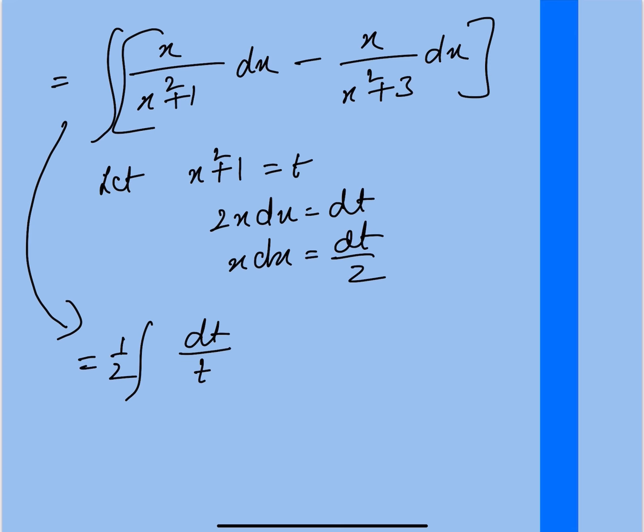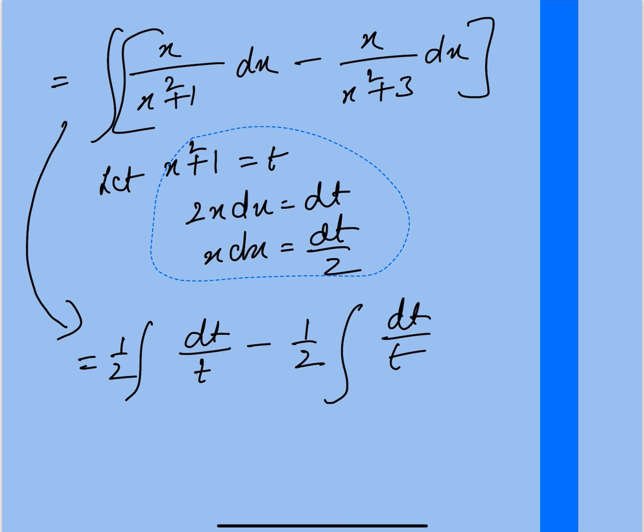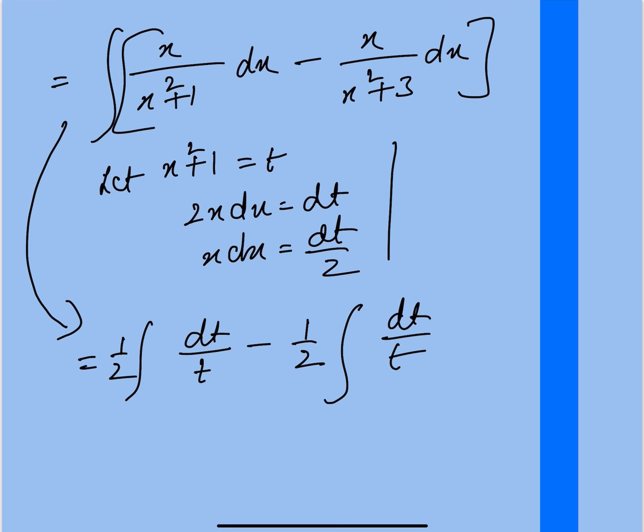Done. Same thing with this. Instead of 1, you will have a 3. We are not doing it because you will get the same expression back. So you are straight away going to write minus 1 upon 2 again, integral dt upon t. It will be the exact same expression. The only difference is I am going to call this u so that we avoid any confusion.